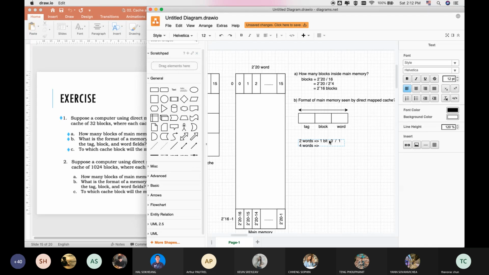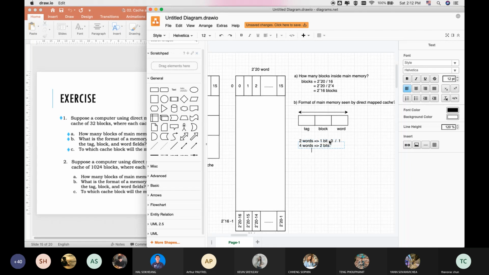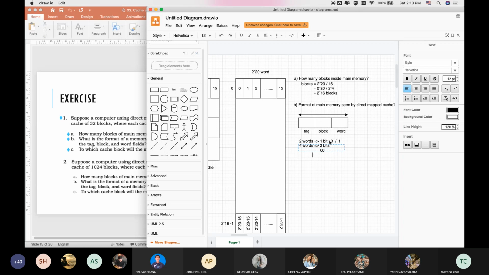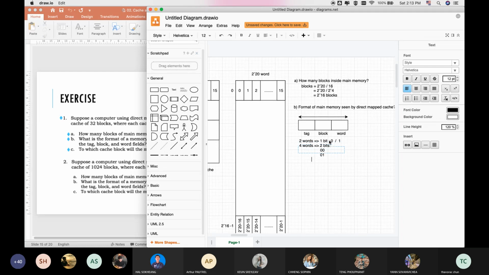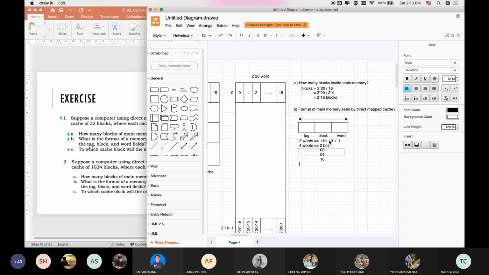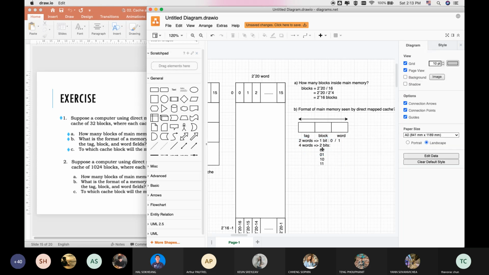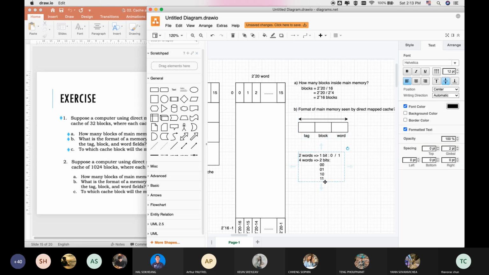Okay. In this case, we need 2 bits. And why 2 bits? Because with 2 bits, you can have 4 different values, which are 00, 01, 10, and 11, right?